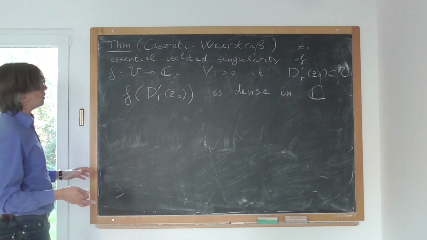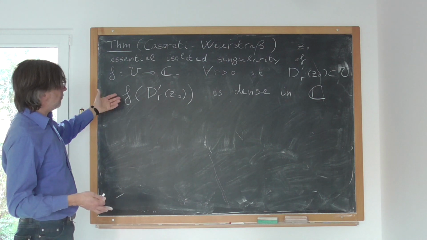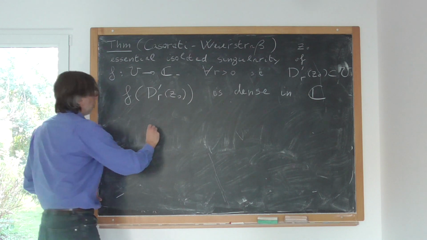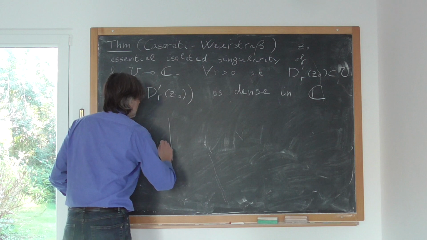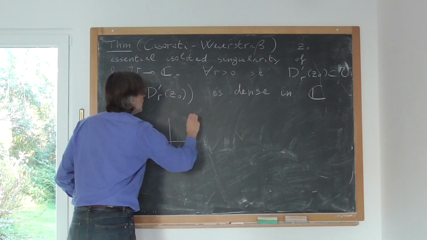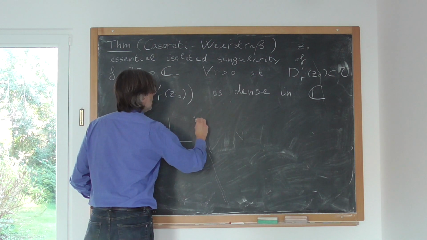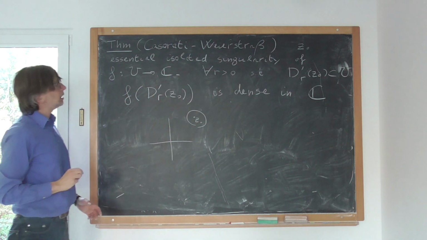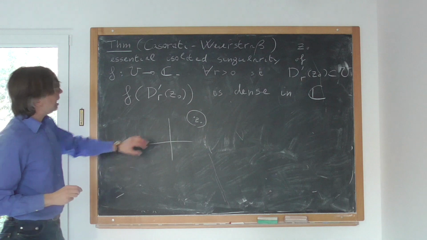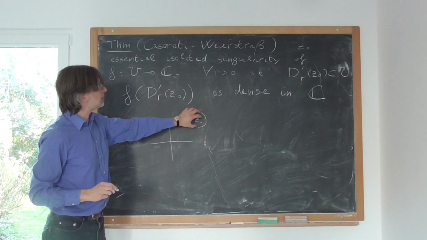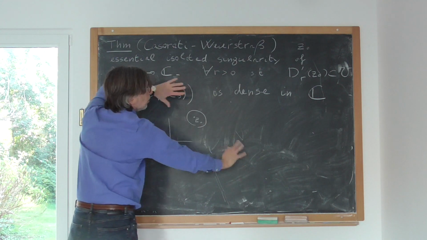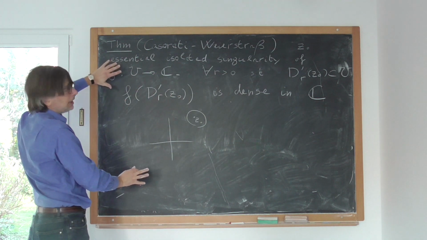Okay? So this shows that f has a very complicated behavior near z naught. Let me make a picture. So this is our singularity z naught. We take a very small punctured disk centered here, and the image of this disk is really invading the whole complex plane.